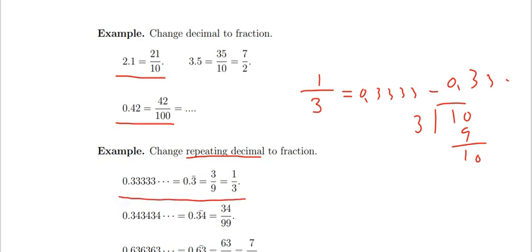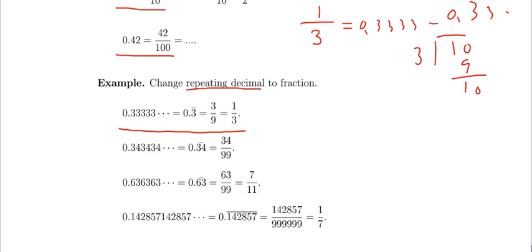For a repeating decimal, the denominator is not 10 or 100, but 9 or 99 or 999. So here the repeat is just 3. So repeat 3 is just 3 over 9. If we repeat two numbers, like 34, 34, 34, then the denominator is 99.